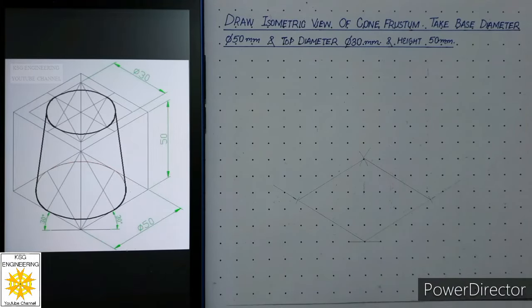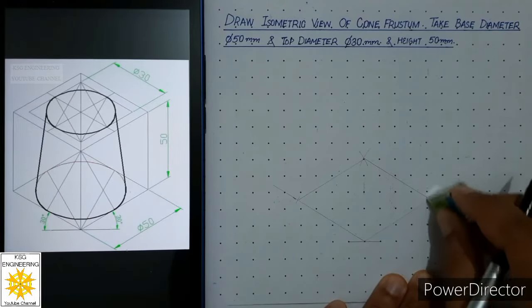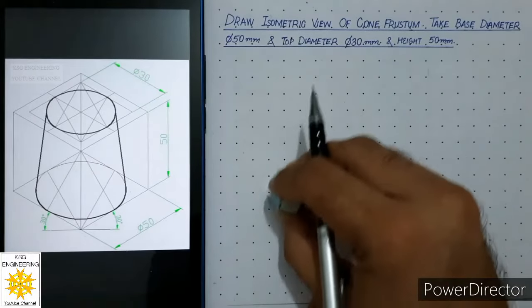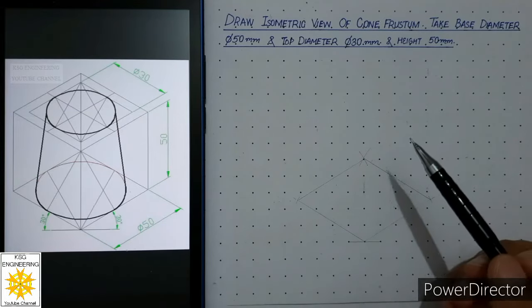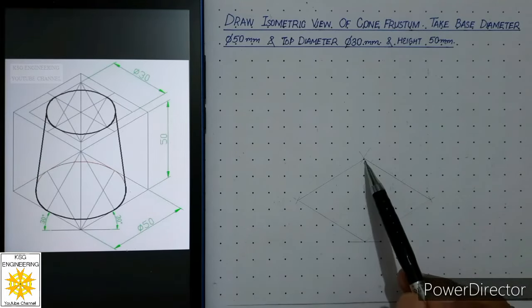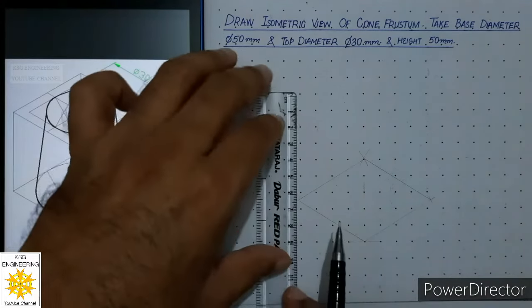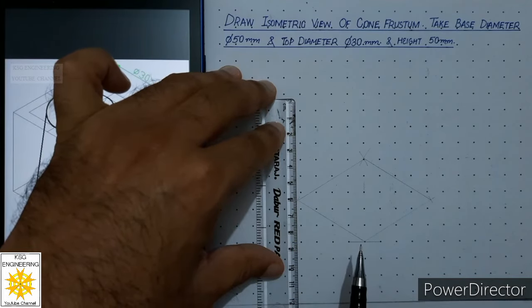Now what we will do? We will erase the extra lines over here. Now in order to draw the isometric of the cube, we have to raise these four corners equal to the height, which is 50. So let us place the scale at this corner in vertical position.